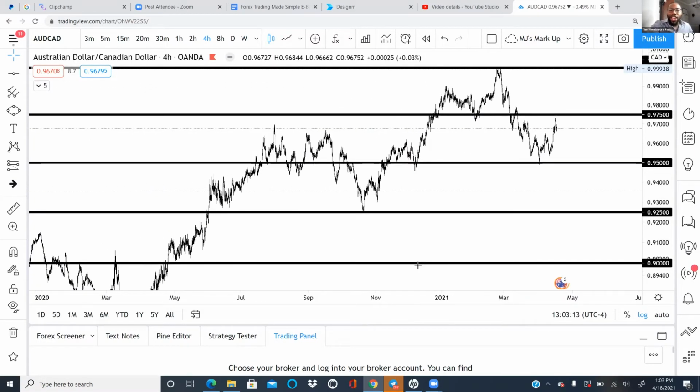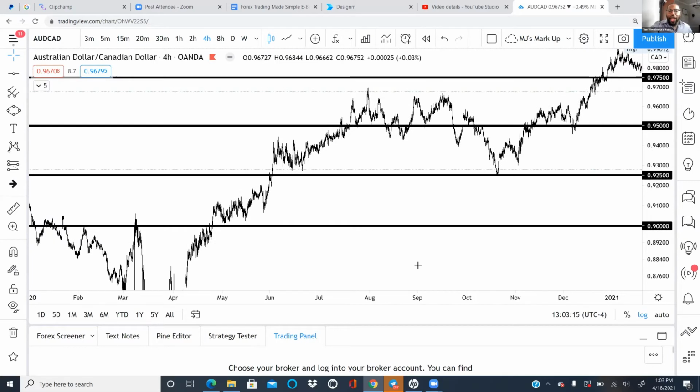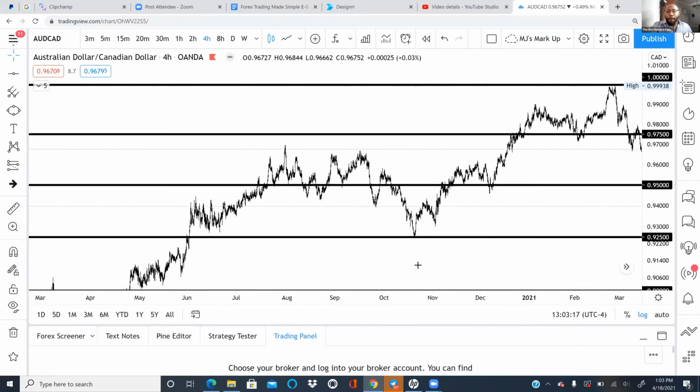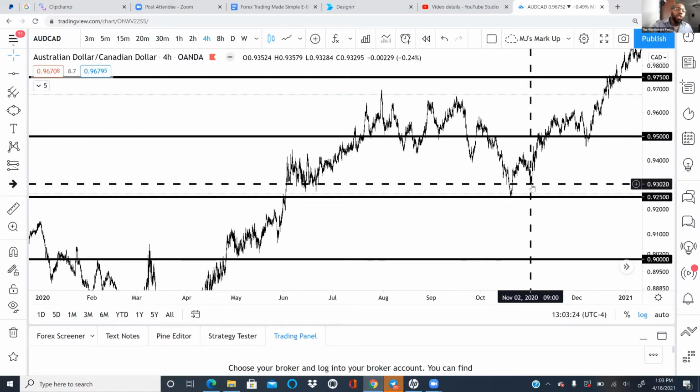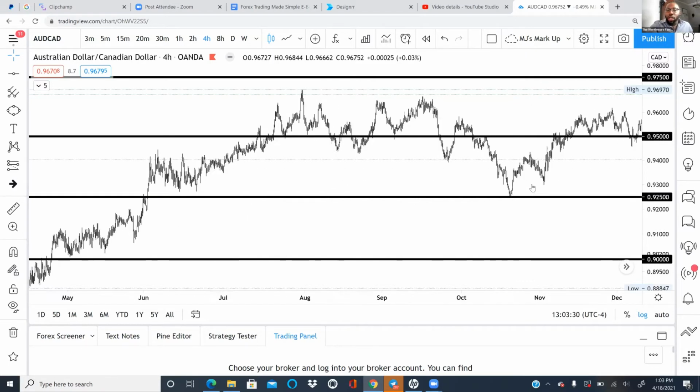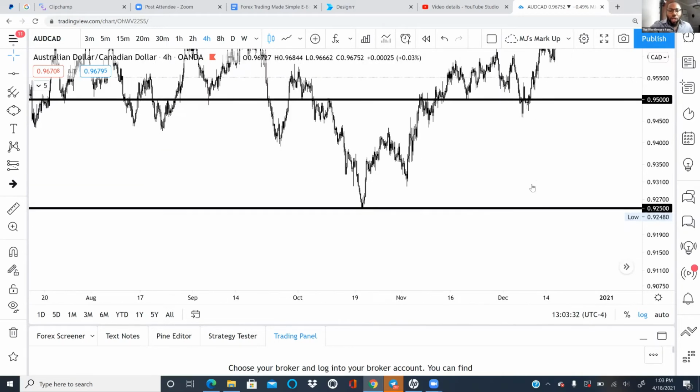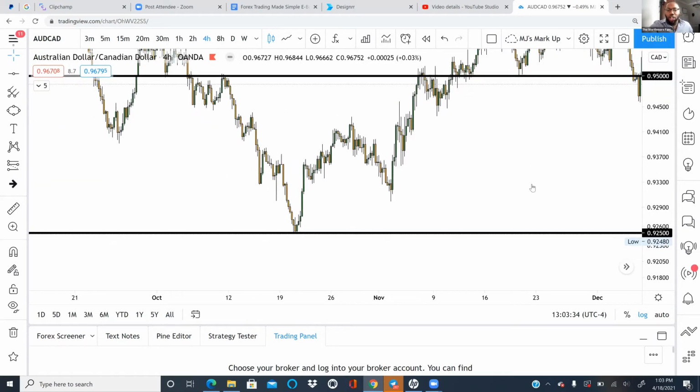Now you see it right here. It acts as even more areas of support and resistance, and you know that each of these ranges is 250 pips. So if you want to talk about swing trades, where you take fewer trades but capture more pips, the main thing you have to do is look at price action on these pairs.